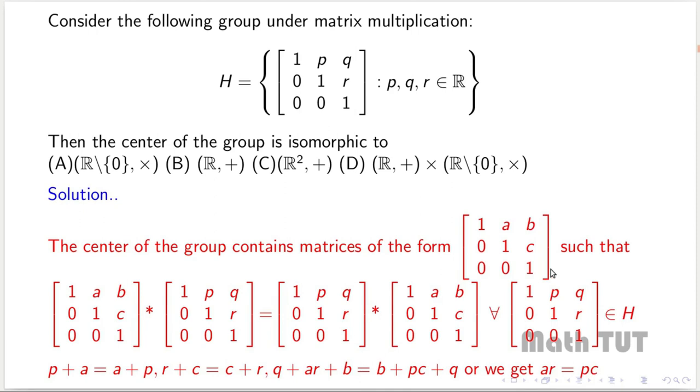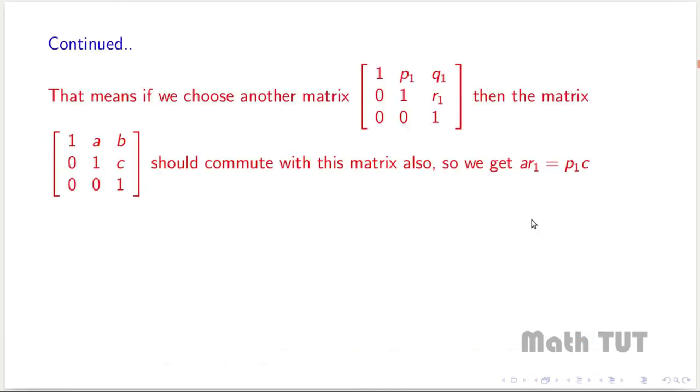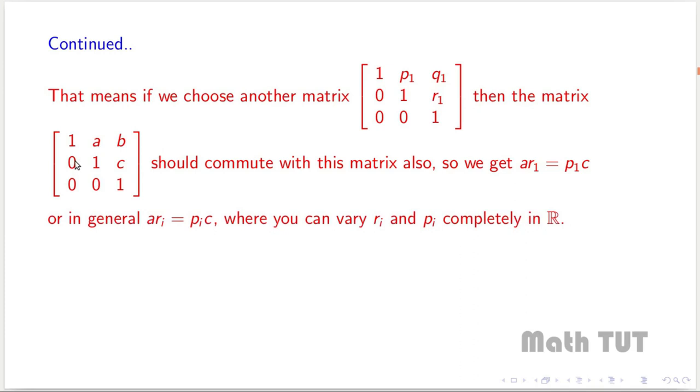Similarly, if you want this matrix to commute with some other matrix of this form in the group, the condition you get is ar1 is equal to p1c. Again, with another group element of this form, we get ar2 is equal to p2c, and so on.